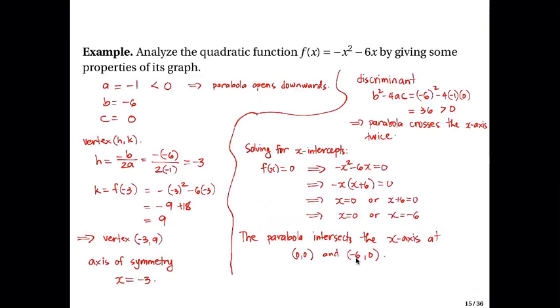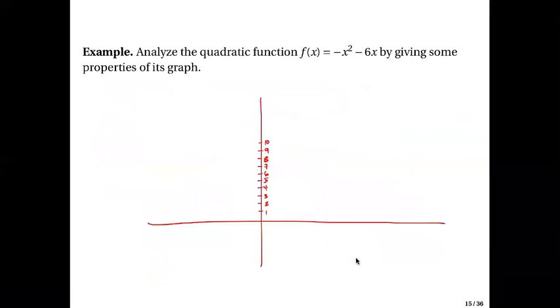So we label those points. We need the negative values for x. So say this is negative 1, negative 2, negative 3. Then you have negative 4, negative 5, and negative 6.